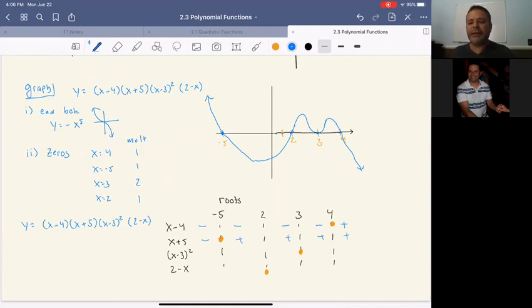X minus 3 squared, that's a square, so that means it's always positive, except that it's 0 where it's 0. Now 2 minus x, that's the red herring here. That is a line, but it slopes down. So when it slopes down, how's it going to change, you think? That's right, it changes from positive to negative.